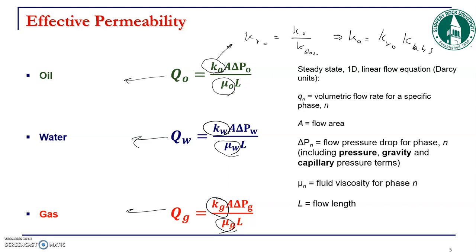So you can rewrite the Darcy's equation as KRO multiplied by absolute permeability multiplied by area, pressure drop of your oil phase, viscosity of the oil divided by L. So these two equations are equivalent. So if you have the data of your relative permeability and you have the absolute permeability, then you can calculate the flow rate of the oil in the porous media or water, or the gas phase as well.